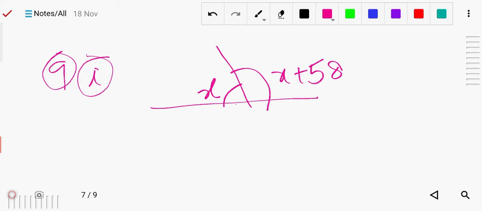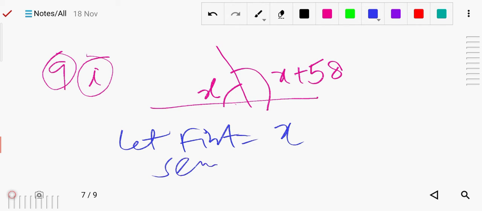The first angle is x, the other angle is x plus 58, and they are supplementary, so their sum will be 180. So simply you write, let the first angle be x and the second angle be x plus 58.